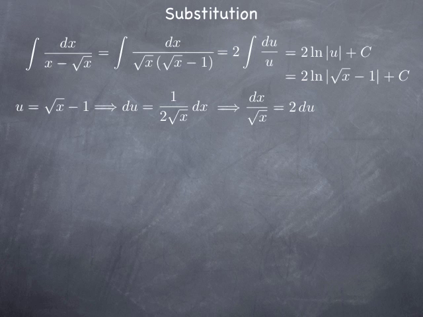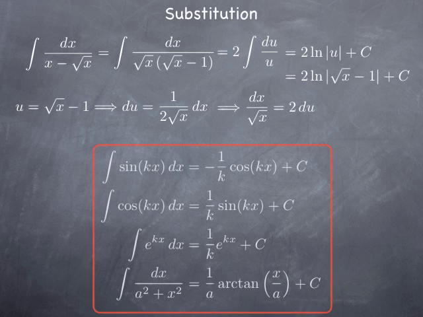Other standard formulas that we can obtain easily from the previous ones using simple substitution, and I'm not going to do every single one of them. I will leave that as exercises for you to check. If you integrate sine of kx, where k is a constant, of course a non-zero constant, then you get negative 1 over k cosine of kx up to a constant.